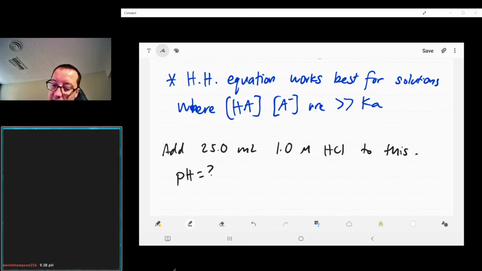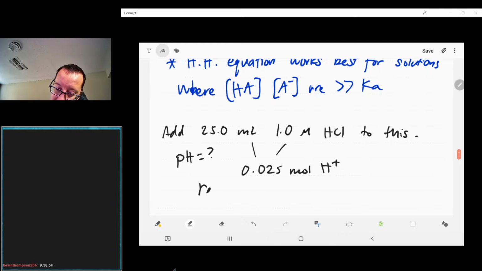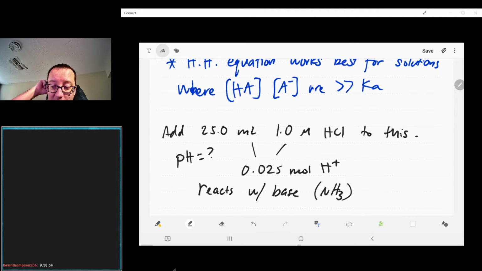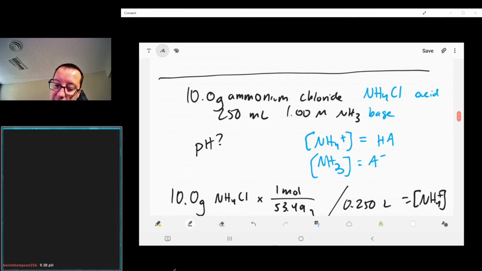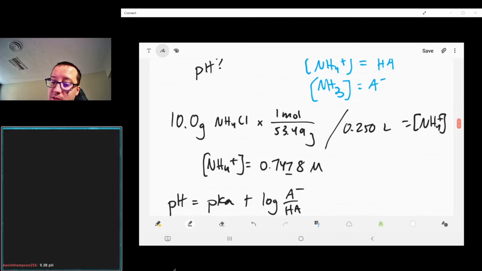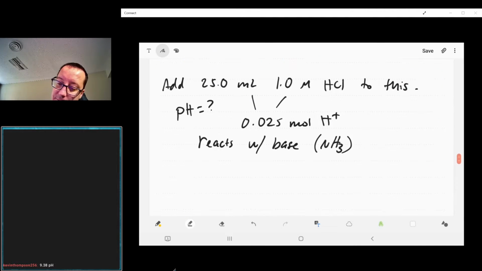So we see that this is going to be 0.025 moles of H plus that we're throwing into our reaction here. We know that that's going to react with ammonia, right? It's going to react with the base. In this case, that's the ammonia. So if we want to see how much ammonia we have, it looks like we have 0.25 moles of ammonia, right?